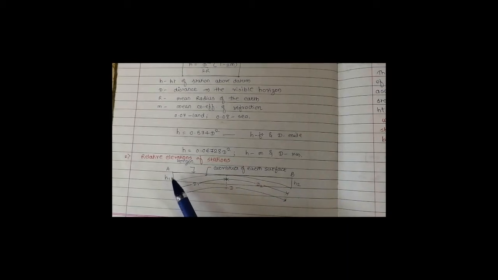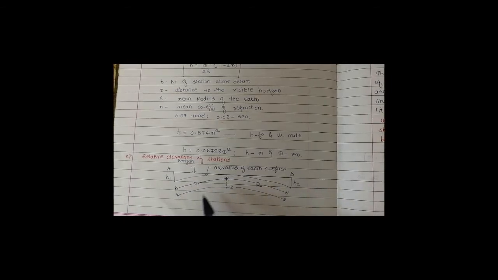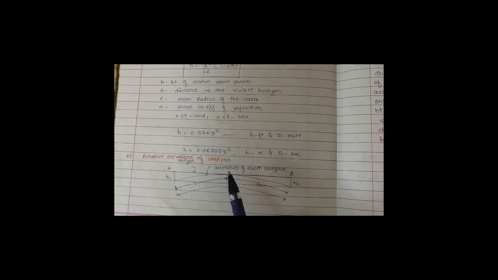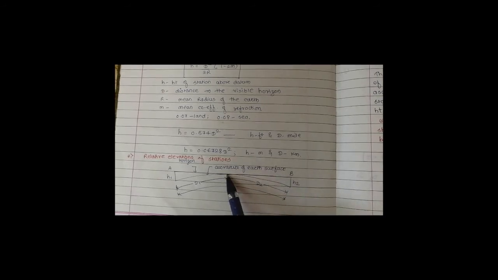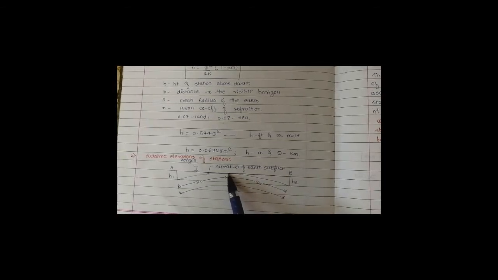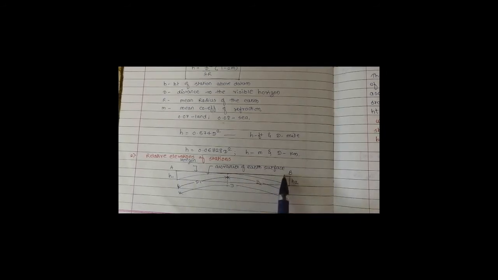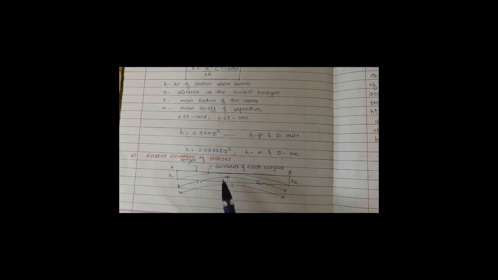Now again we will move to the same diagram. Here H1 is the elevation above datum. D1 and D2 are the distances of the stations with respect to the point of tangency. This is the point of tangency, and it plays a very important role because the minimum line of sight will pass through this point. Below that there is no possibility of a line of sight.